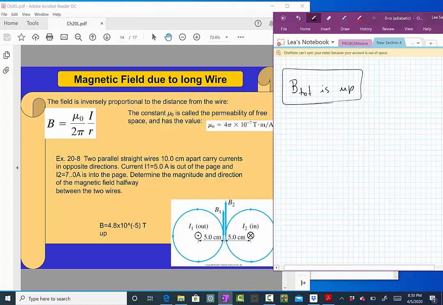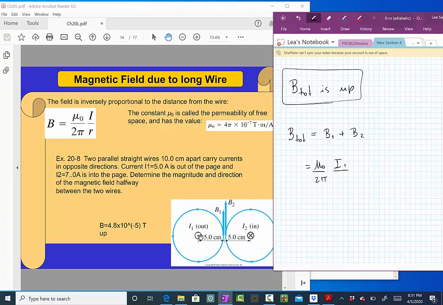Now, what is the magnitude of this field? This net magnetic field will be B1 plus B2. What is B1? Let's use this equation: that constant divided by 2 pi, times I1, divided by the distance from the wire.